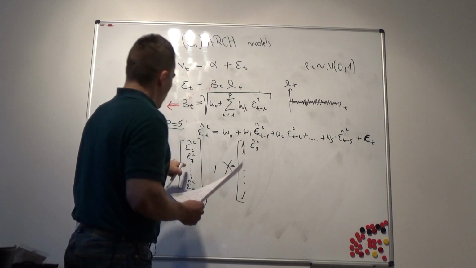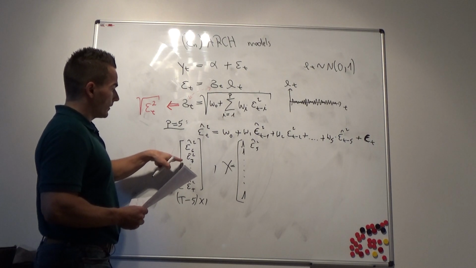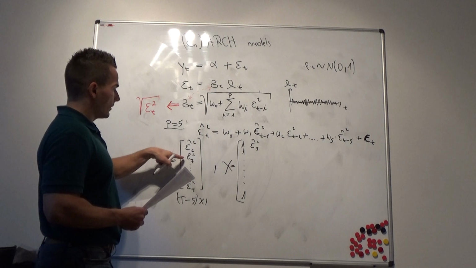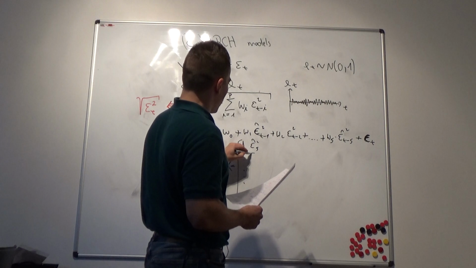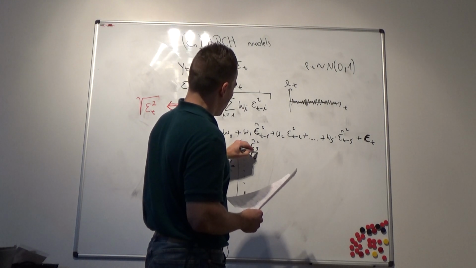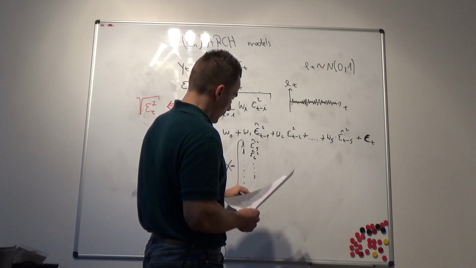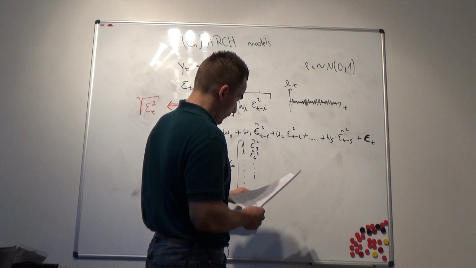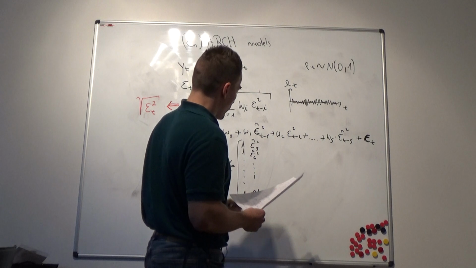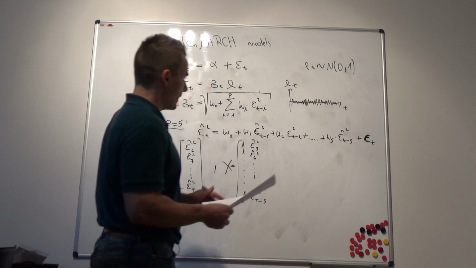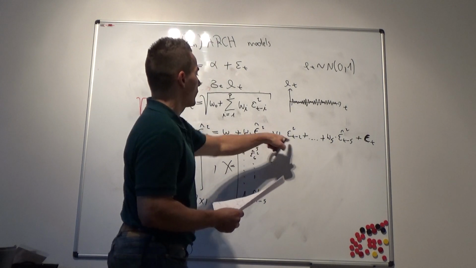The corresponding lag to the second element in our dependent variable, which is epsilon 7 hat squared, is obviously then epsilon 6 hat squared, and so on. And we end up here with epsilon T minus 5 hat squared.